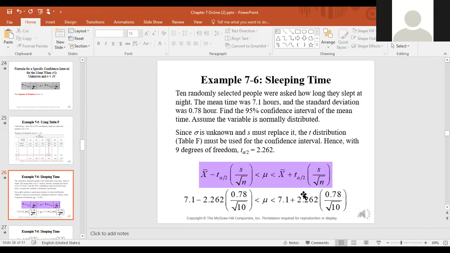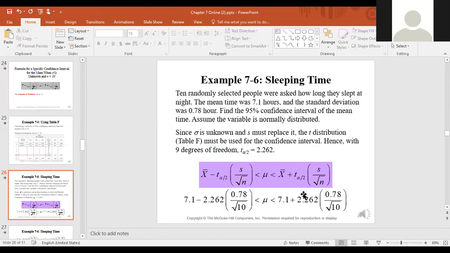So the first thing we want to get here is the critical value T alpha over 2. If you have your textbook, just try with me at this point to go to page 652, table F for the T distribution. Here the sample size is 10, the degree of freedom is n minus 1, so the degree of freedom is 9. The confidence level is 95, so under degree of freedom 9 and 95%, you will see 2.262.